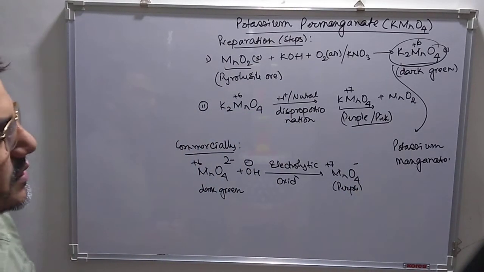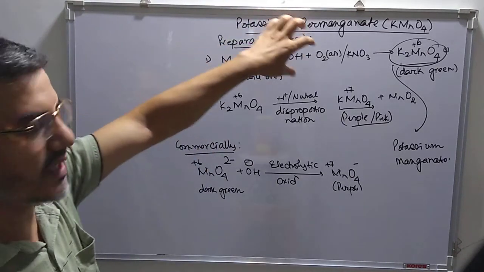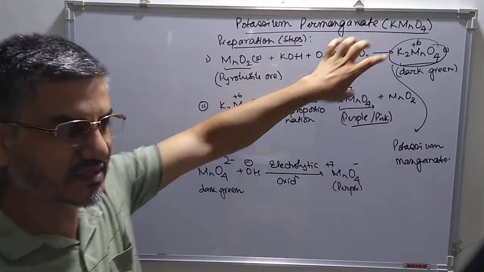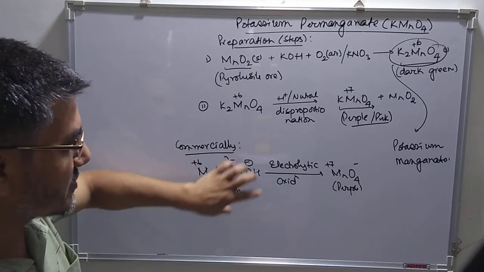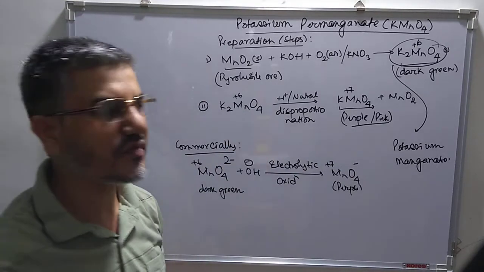So commercially, dark green potassium manganate obtained by fusion of MnO2 with alkali in presence of oxidizing agent is electrolytically oxidized in alkaline medium to give you MnO4 minus.